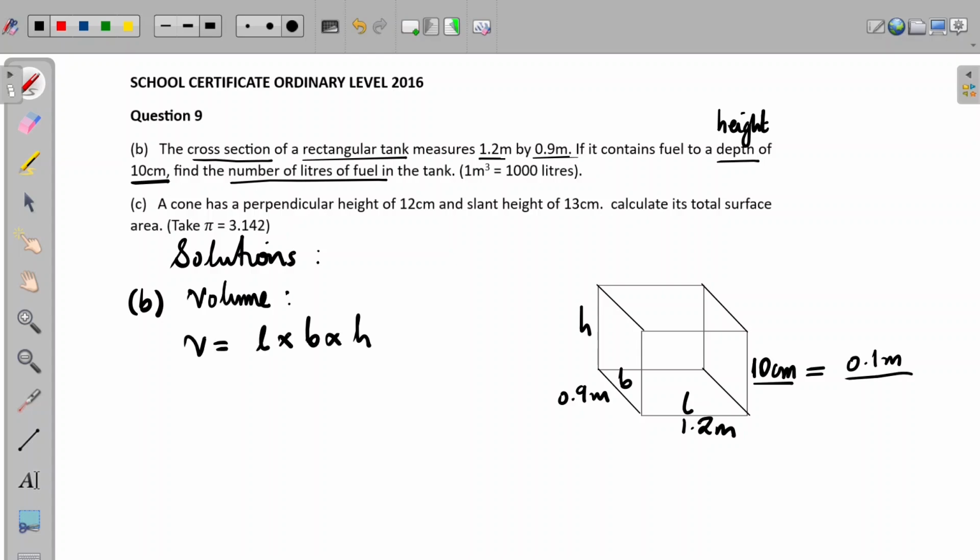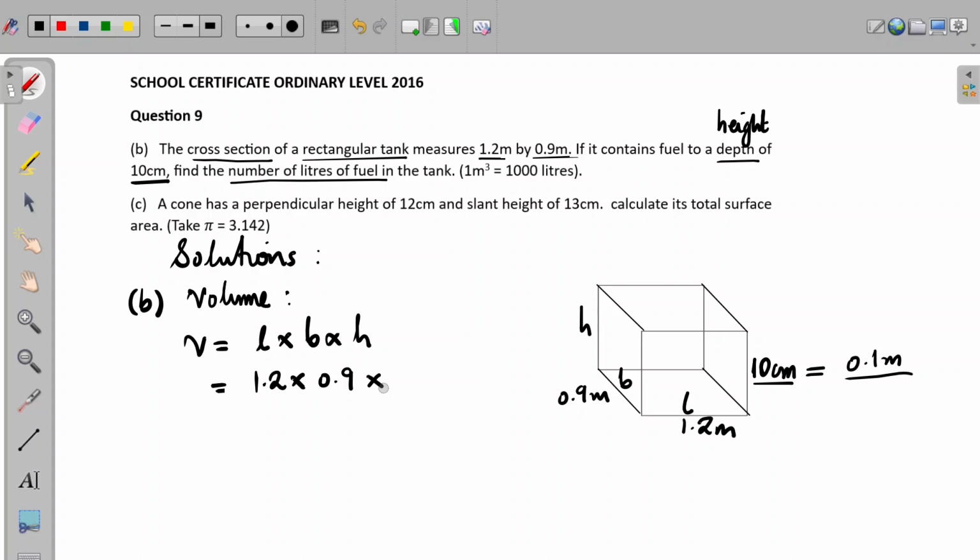Our length is 1.2, times breadth is 0.9, then times height, it is 0.1. So when we multiply everything, our answer will be 0.108 meters cubed as the volume.